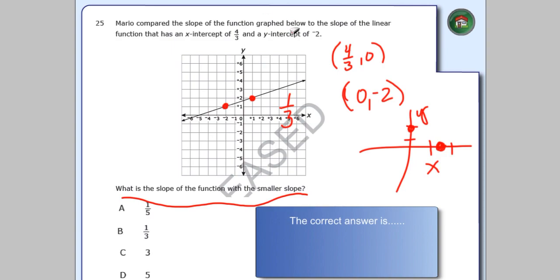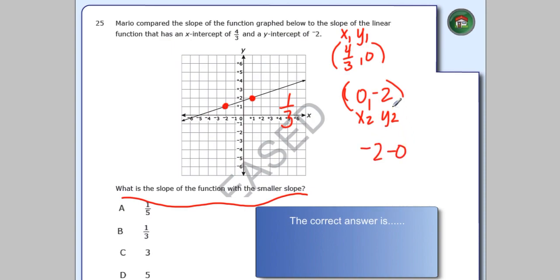So to find the slope, remember you do y2 minus y1. So I'll let this equal x1, y1, x2, y2. So we're going to do -2 minus 0, y2 minus y1, over 0 minus 4/3. So that would be -2 over -4/3.